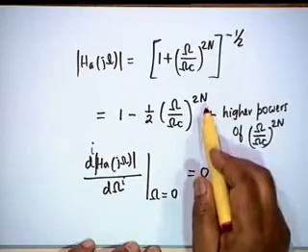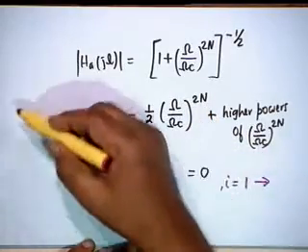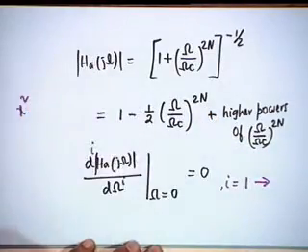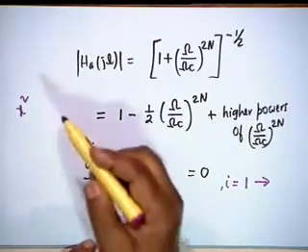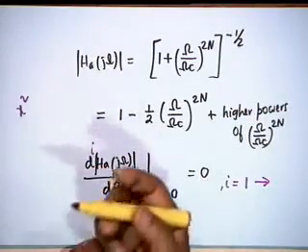Twice n minus 1. If you differentiate x squared, the first differential coefficient is twice x, the second one is constant, so twice n minus 1 differential coefficients shall vanish at the origin.